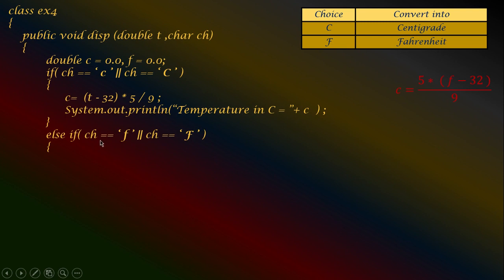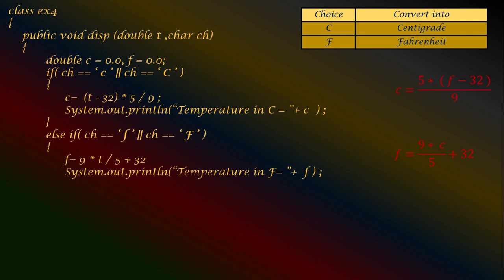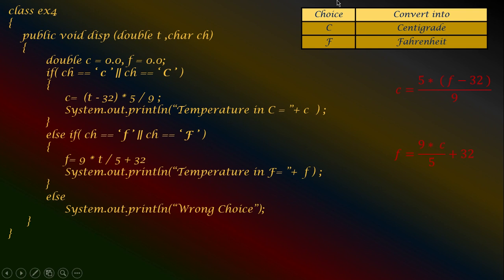So otherwise, if my choice is F, then the Fahrenheit formula needs to be incorporated, which is this one, and this is formulated. Okay. Again, in the same situation, if my user gives any other value except C or F, then I have to provide a proper message that your choice is wrong.